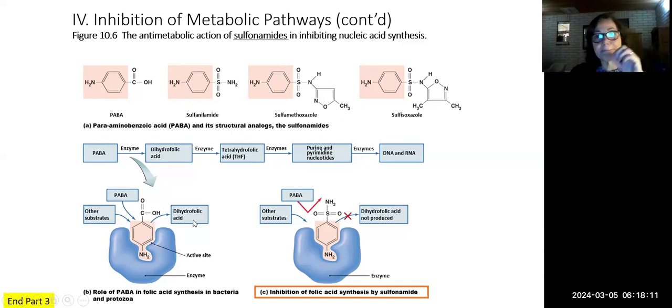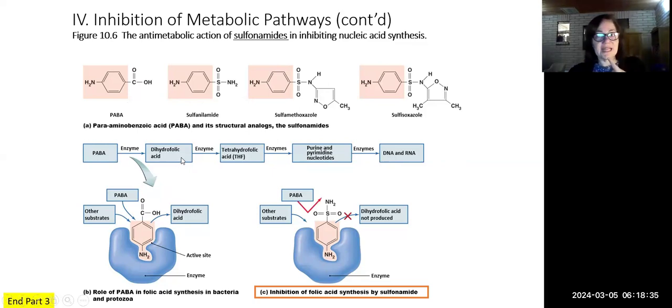Okay, let's go into it. Dihydrofolic acid. You may recognize the folic acid part of this. Folic acid is something that we use also. You may know it as vitamin B9 or folate. This is also necessary in us for DNA and RNA synthesis, but in us, we don't even do this step.